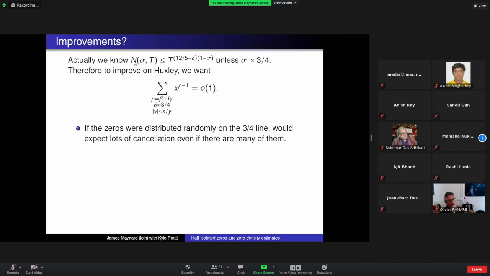And it turns out that if you go through Huxley's work, combining it with the earlier work of Ingham, you can actually improve the constant 2.4 to something slightly smaller unless sigma is very close to 3/4. So this means that if you want to get an improvement on results about primes in short intervals, you really only have to worry about zeros of the zeta function which have real part very close to 3/4.